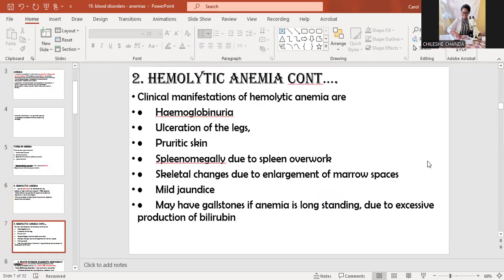Now, each of these types of anemias have different signs and symptoms. So you have to know them. Some of the symptoms for the hemolytic anemia include hemoglobinuria. Remember, we said that red blood cells have this component in them that is known as hemoglobin.